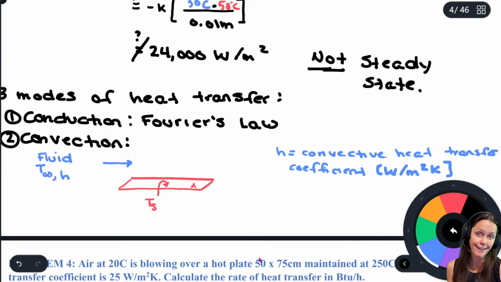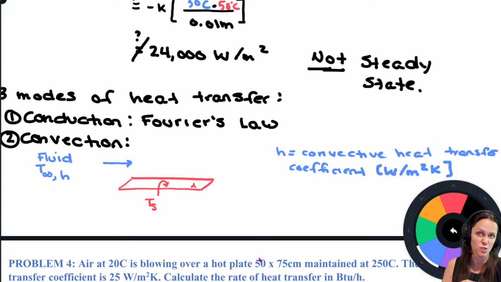For the time being, this is going to be a parameter that will just be given to you. In reality, it's not something you could just look up in the back of a book, or look up online with any measure of accuracy. It's dependent on the fluid itself, the fluid properties, and the flow characteristics.